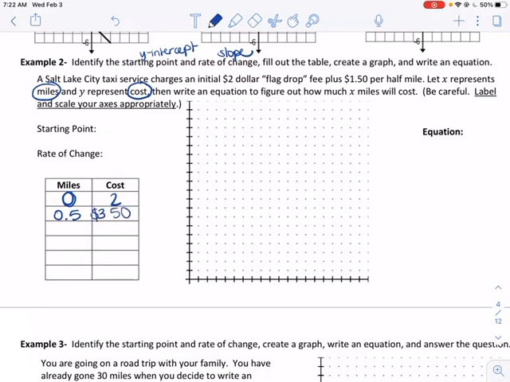Then if I choose to go a whole mile, I have to pay another $1.50, so it's going to be $5. And then $1.50 more. 2 miles will be another $1.50. And then another half mile will put me at $9.50.